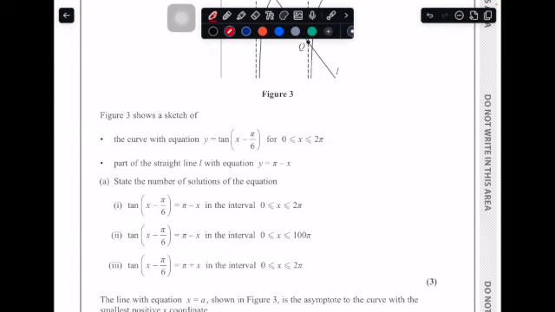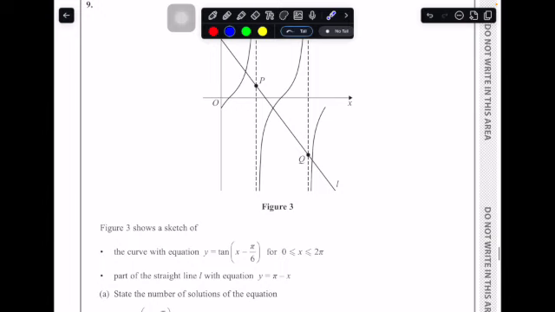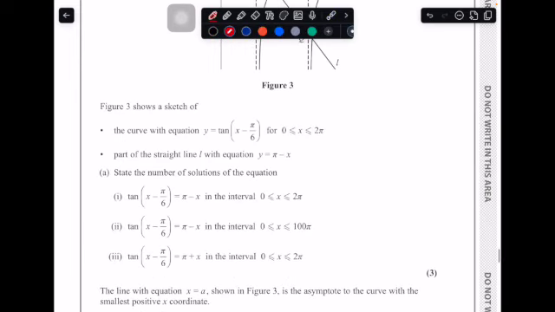That means we need to count the number of points of intersection of this straight line with the tan function. How many points do we have here? 1, then 2, then 3. So the answer is 3 solutions, or 3 points of intersection.